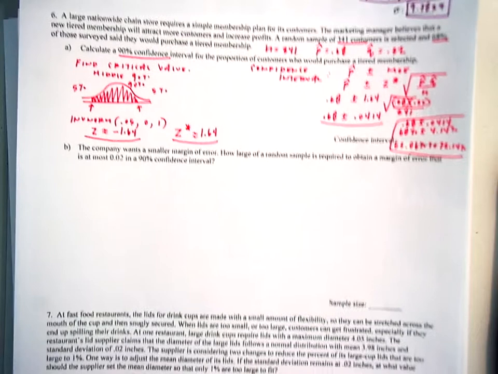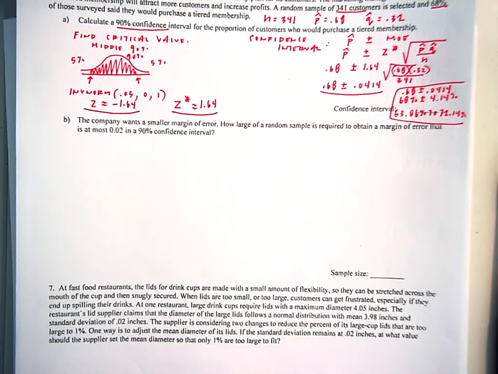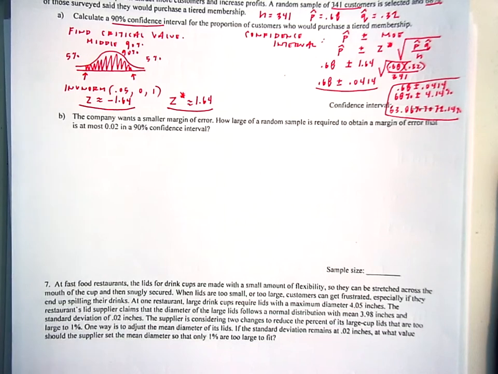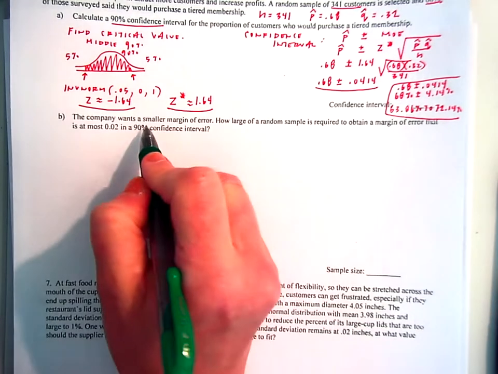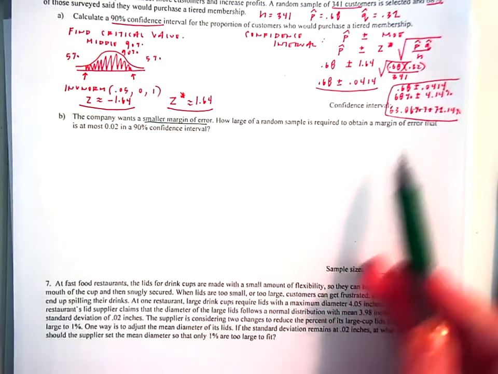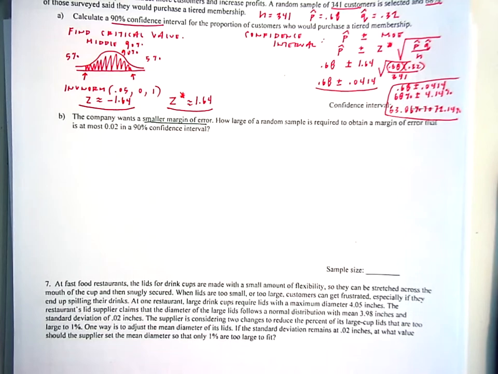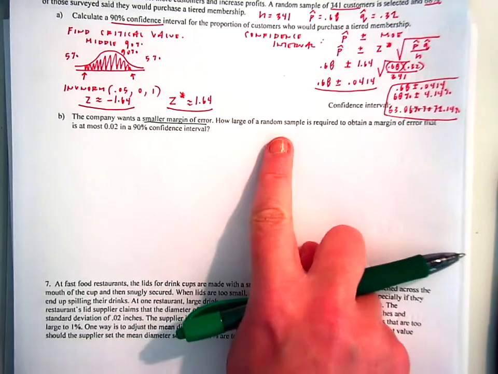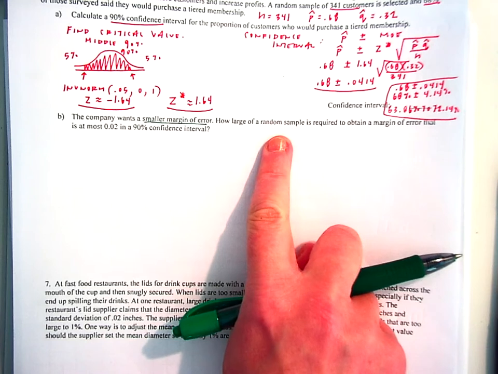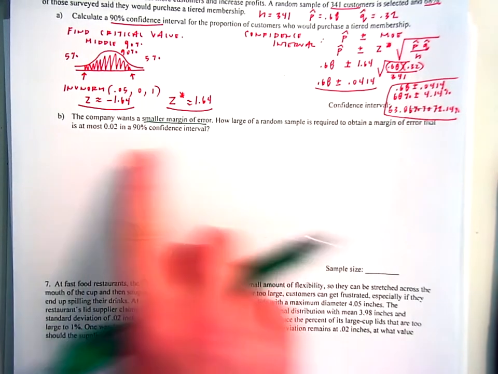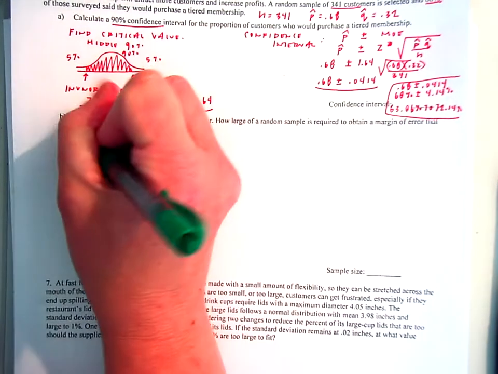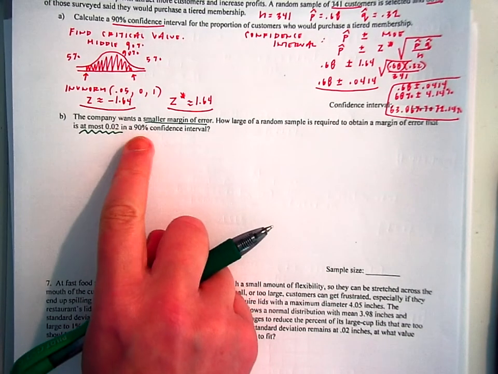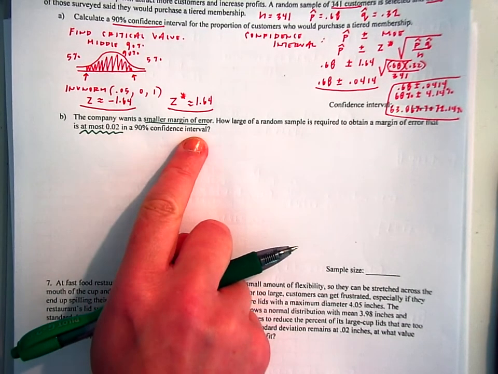All right, next question that builds off of it. The company wants a smaller margin of error. They don't like up here that it's at 4.14%. So they want to figure out how large of a random sample they need to get a margin of error that is at most, that language is crucial, at most 0.02 in a 90% confidence interval.